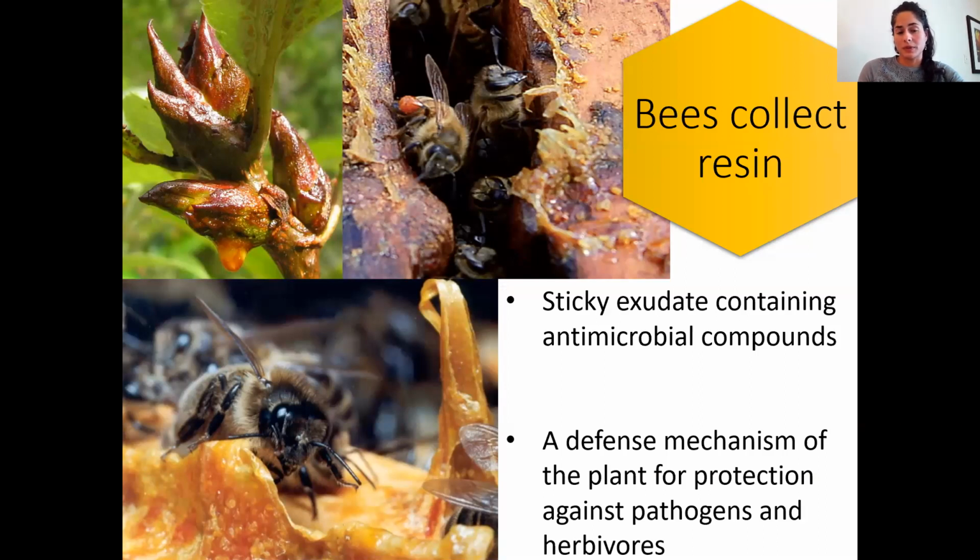They use resin to coat young leaves, as you can see in the image in the corner there. When they have young leaf buds, they will coat the entire leaf bud with resin to protect that young leaf from herbivores and also pathogens. The tree will also induce a defense mechanism by producing resin in specific places when it needs to.